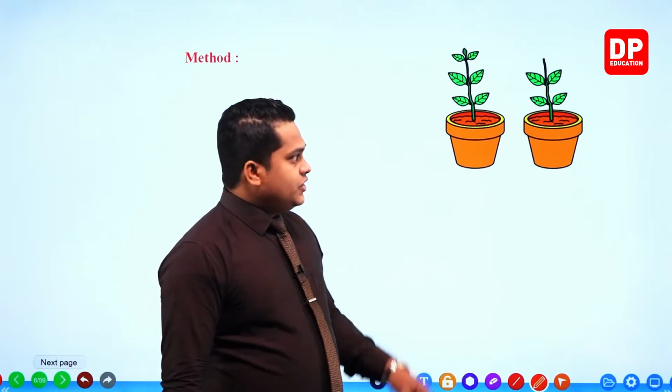It's very simple. What we have to do is take two potted plants. In the first plant, you keep the apex in the same way. In the second one, you're going to remove the apex. Then after a few days, you are going to observe the heights.